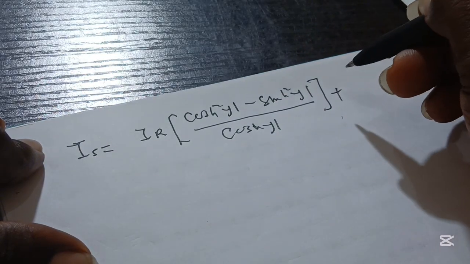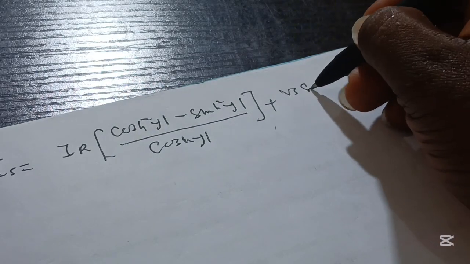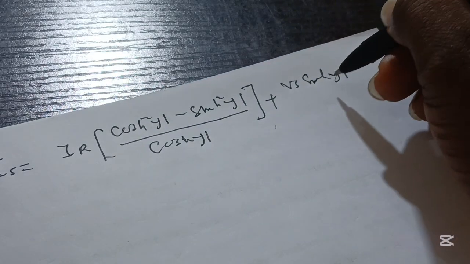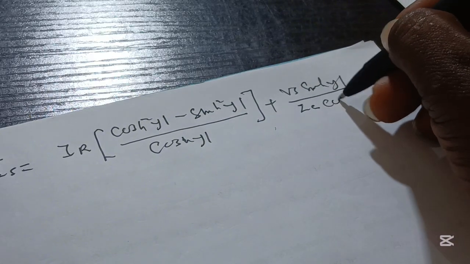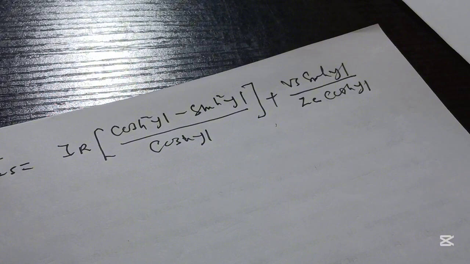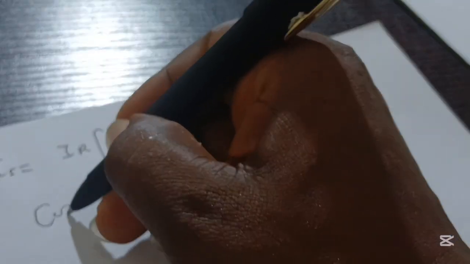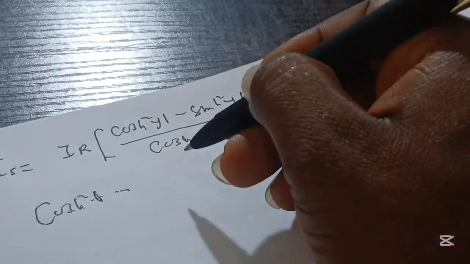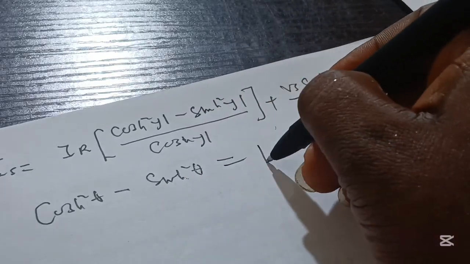In brackets, we have VS sinh(γl) divided by ZC cosh(γl). So at this point, we can also apply this identity that says that cosh squared theta minus sinh squared theta is equal to 1.